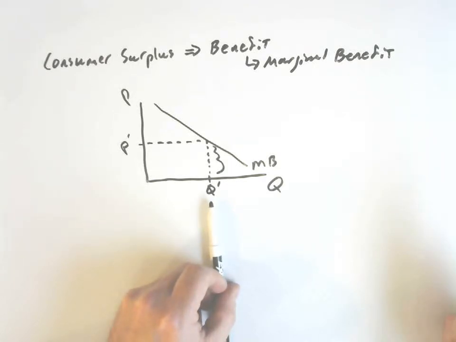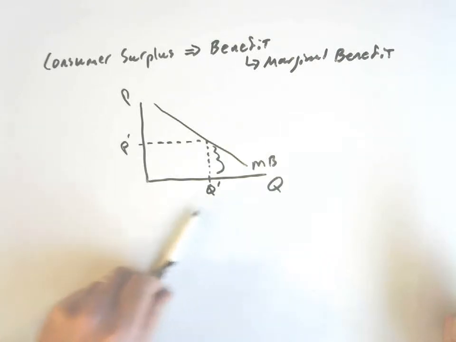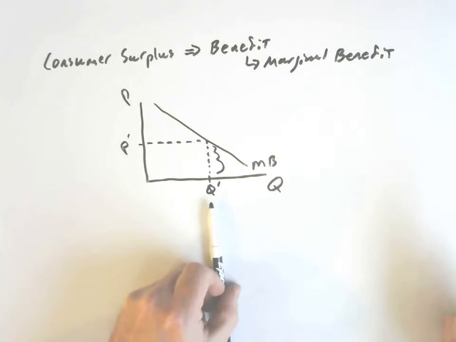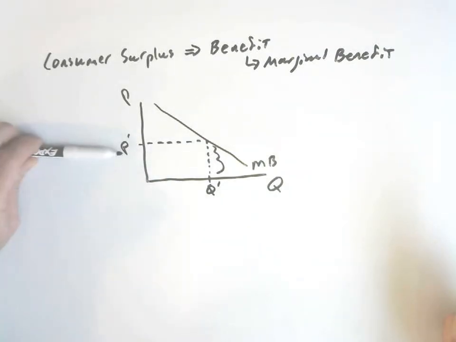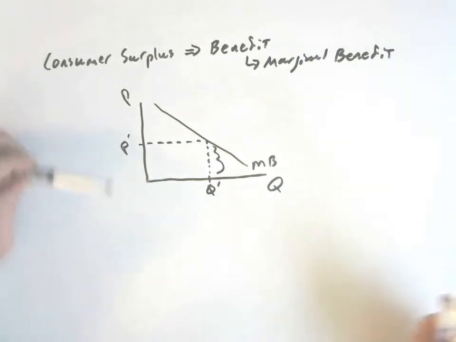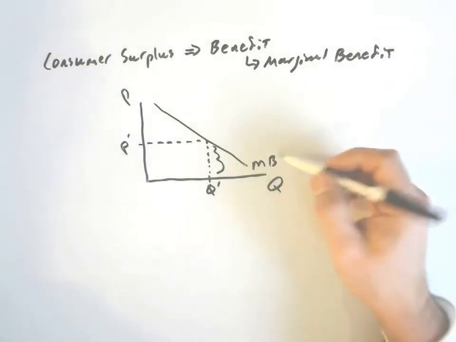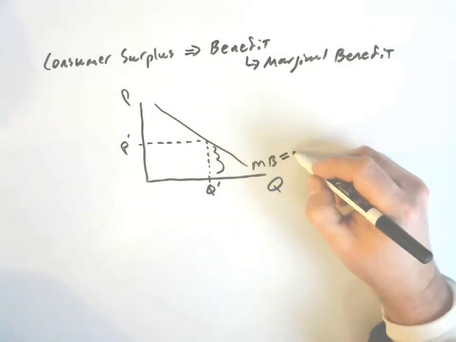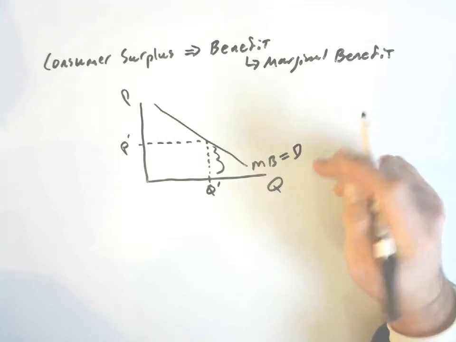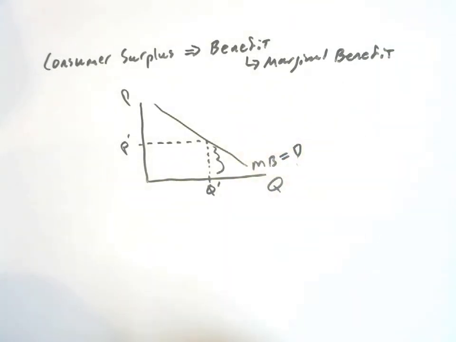Now it would be Q prime units. Marginal benefit says, how much would I be willing to pay for the Q primed unit? Well, it would be equal to the benefit I get from that unit, or P prime. In other words, just like supply and marginal cost were equivalent concepts, marginal benefit and demand are also equivalent concepts.